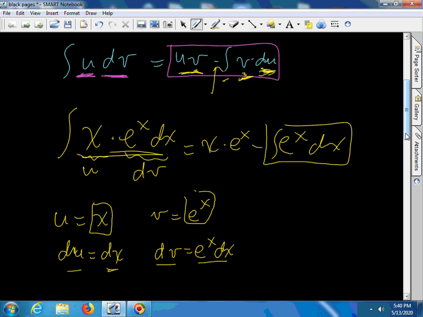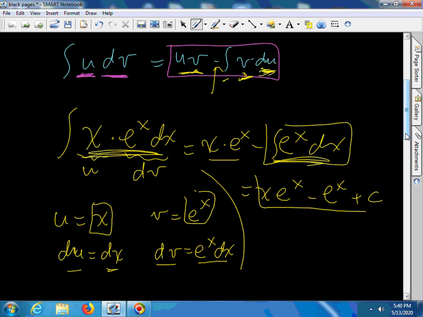So I get x e to the x minus, well, the integral of e to the x, I know it's e to the x plus c. That's one way of writing your answer. Another way is to factor out the e to the x, but nonetheless, there's your answer.